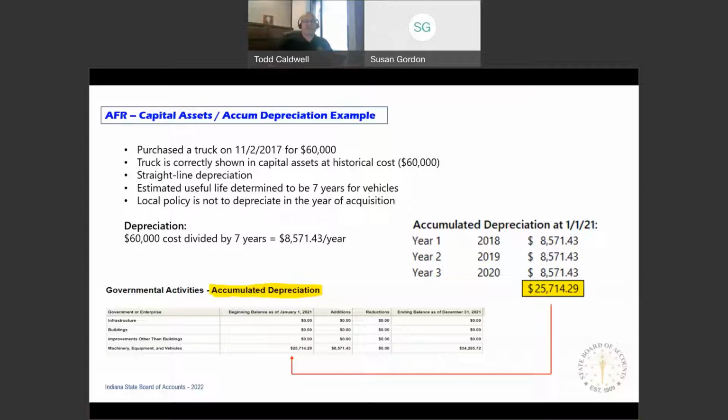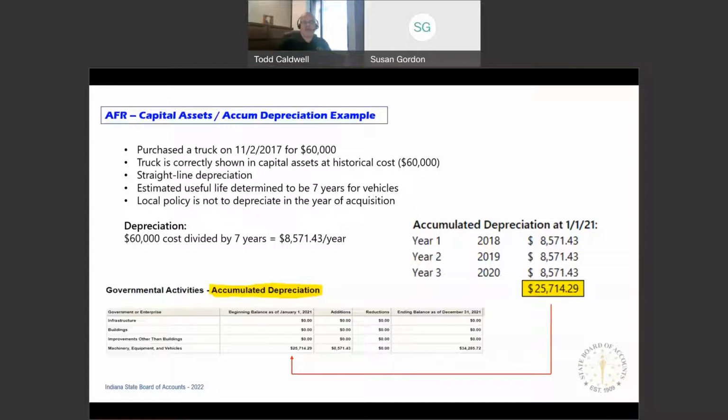So the depreciation calculation there in the middle shows $60,000 divided by 7 years comes out to $8,571.43 a year. So as you move across the screen to your accumulated depreciation at the beginning of the year, remember we bought this several years ago, so for our 2021 report, we've got to come up with a beginning accumulated depreciation balance.